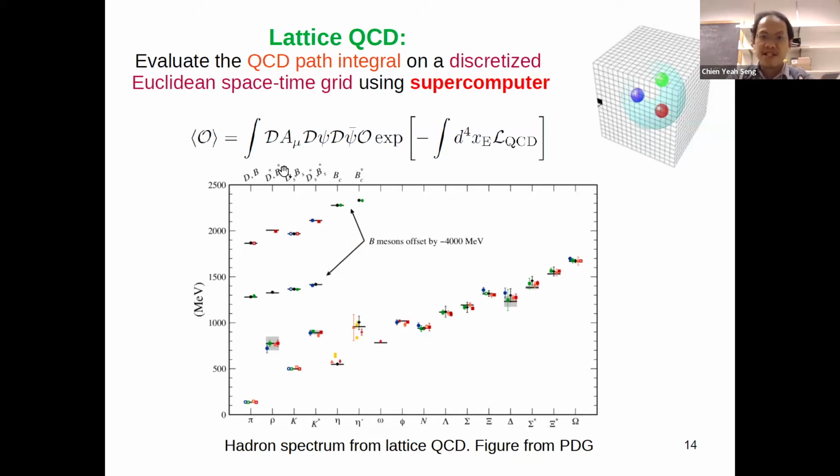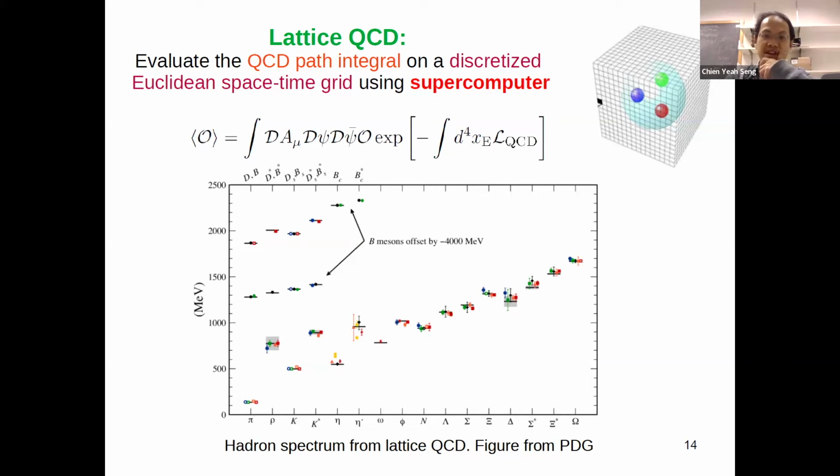And then you compute this path integral directly without doing any expansion on the Lagrangian, by discretizing space and time. So you perform the numerical integration directly by using the Monte Carlo method with a supercomputer. So it's very computationally expensive.